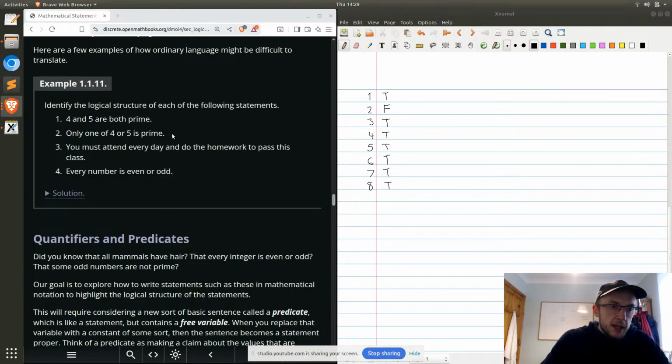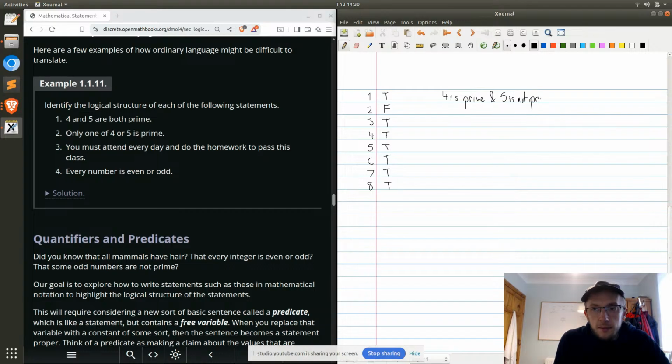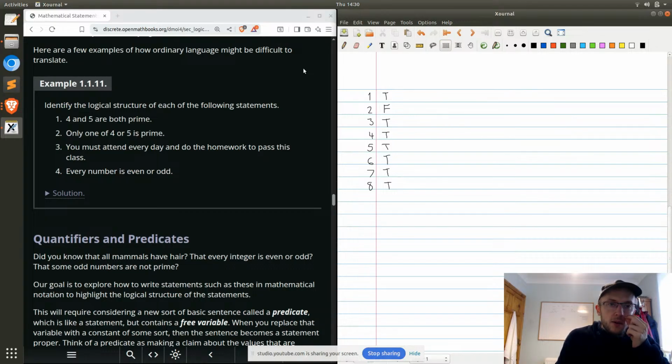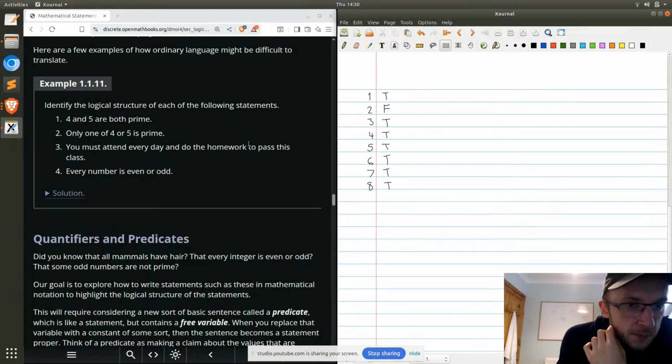So I believe it's making the claim 4 is prime and 5 is not prime. Wait, actually, I know it's making the exclusive or claim, so I only have to know how to express that in terms of exclusive or.